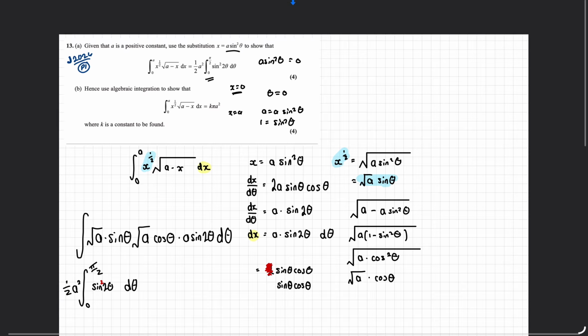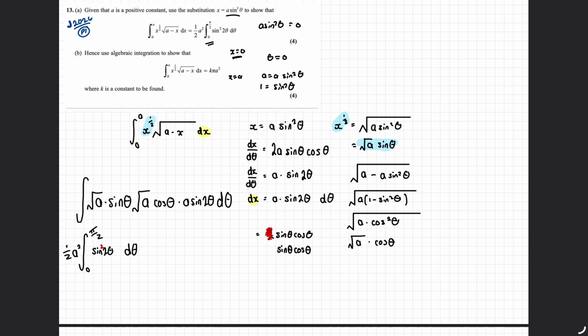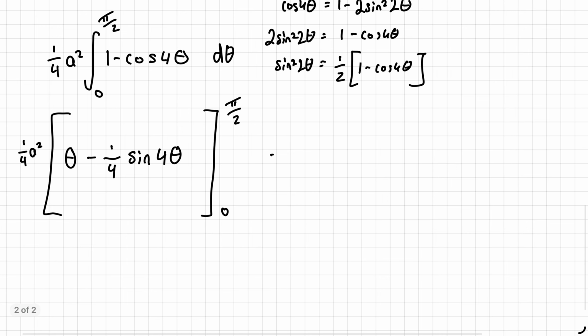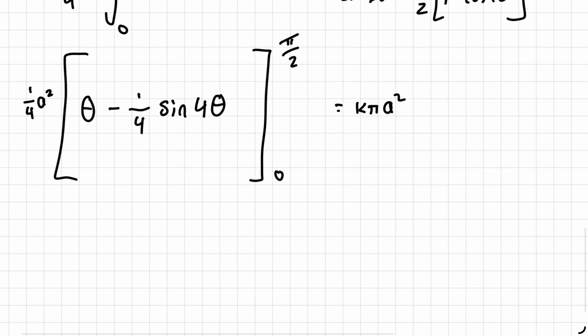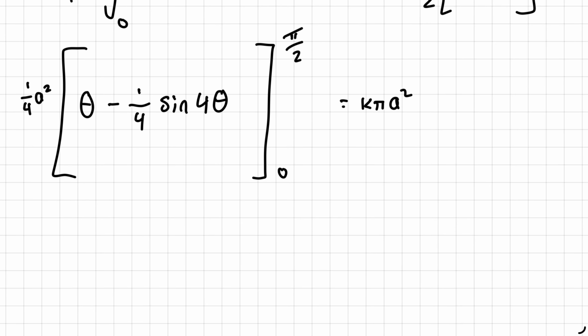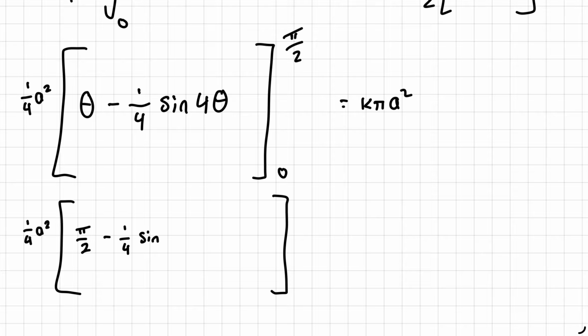And let's just remind ourselves what we're looking for. We're looking for a final answer of k pi a squared. Just gives us a bit of direction. Okay. Well, let's put in our upper limit. Our upper limit is pi over 2 minus a quarter sine. Well, pi over 2 times 4 is 2 pi.